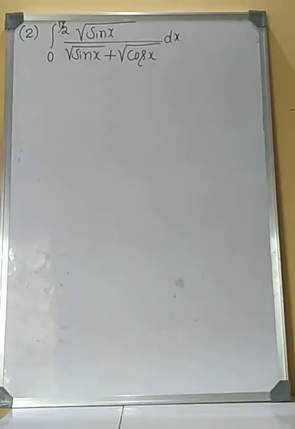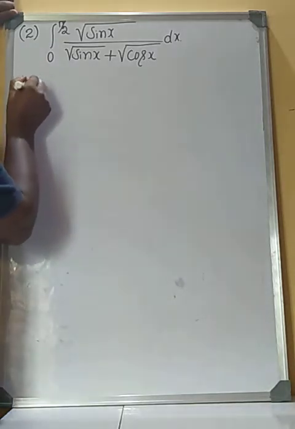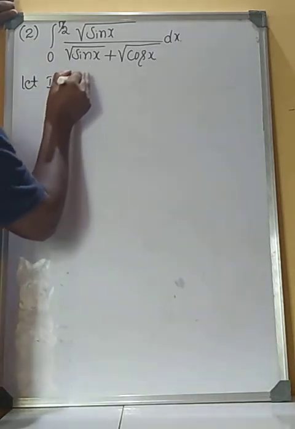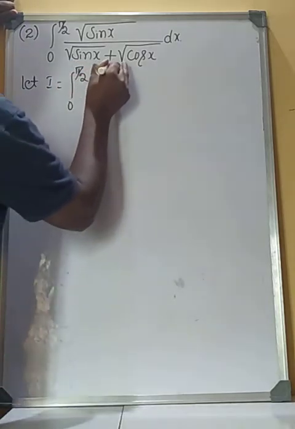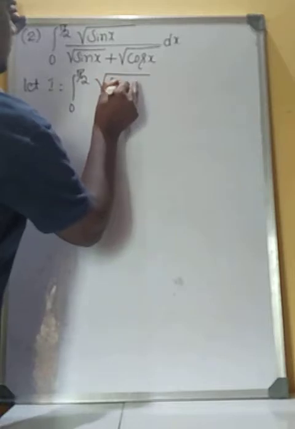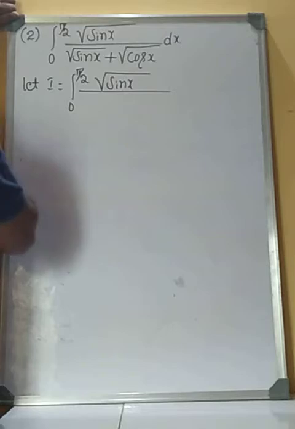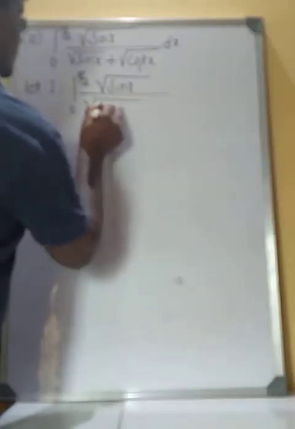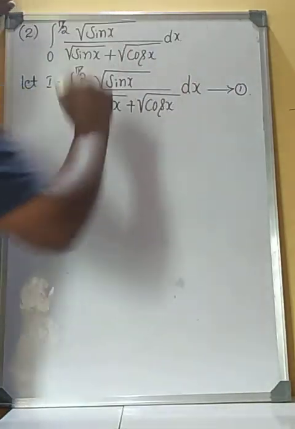Again by using property 5. So let I equals the integral from 0 to pi by 2 of square root of sin x divided by square root of sin x plus square root of cos x into dx, called as equation number 1.